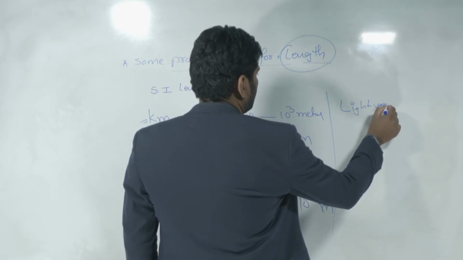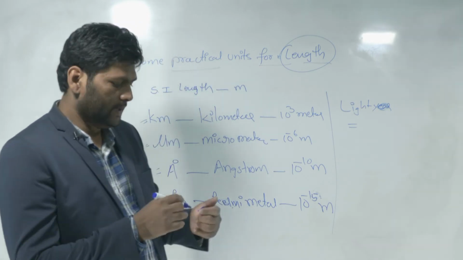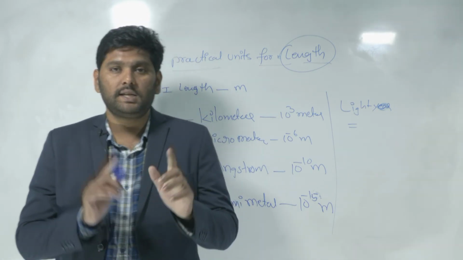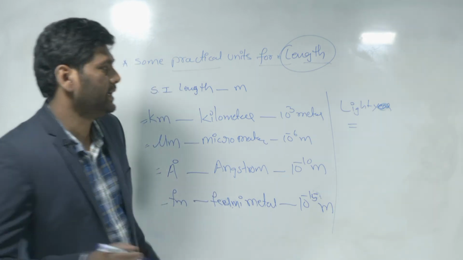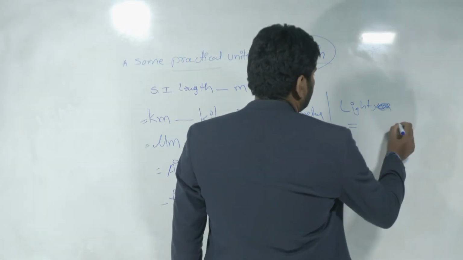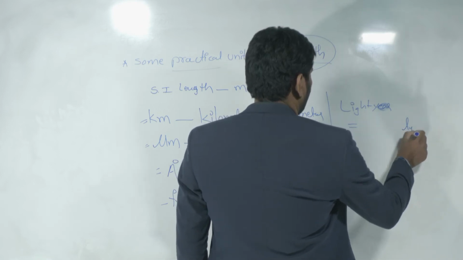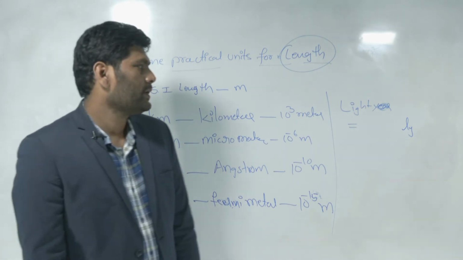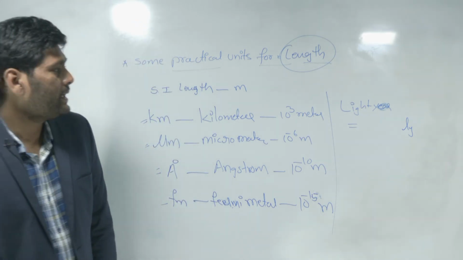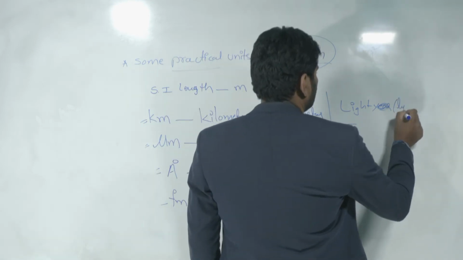Light year, better write down: the distance traveled by light in 1 year is known as a light year, shortly represented as Ly. Then 1 light year is equal to how many meters?